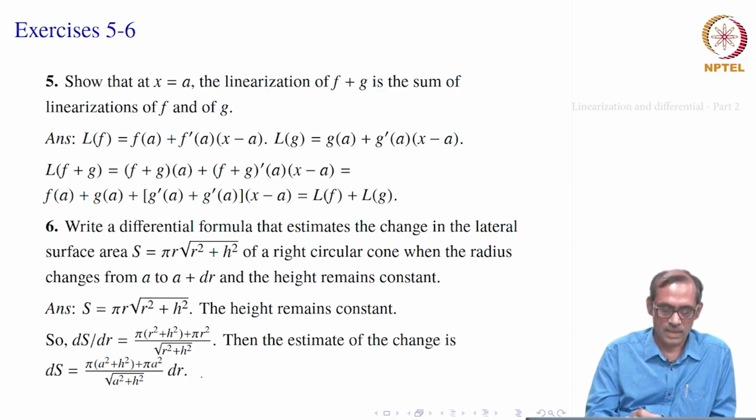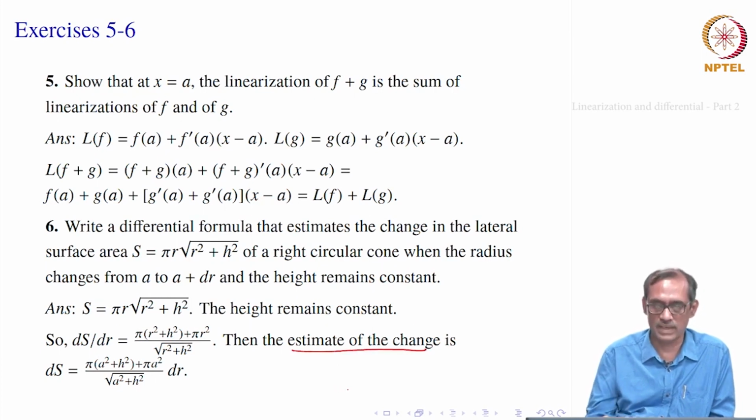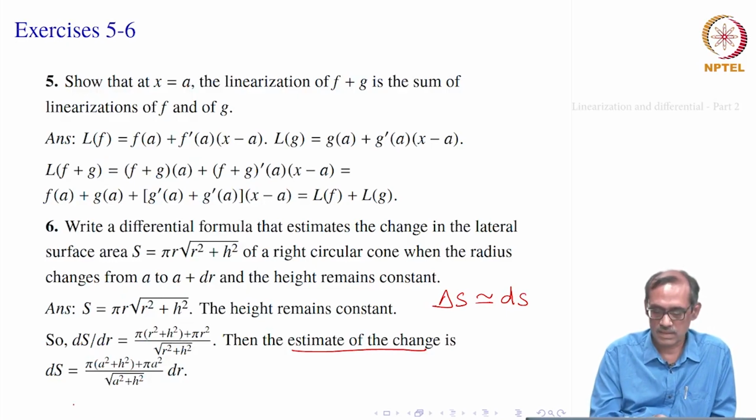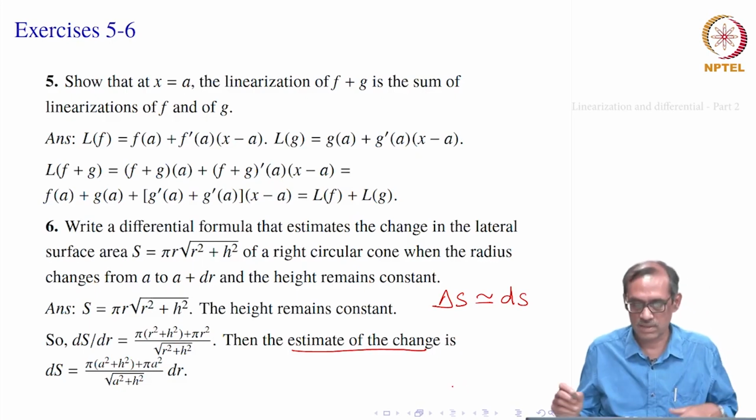Okay. Then we want to estimate the change, not find the exact change, right. Of course, you can find the exact change. So, our estimation is through the differential, that delta s is approximately equal to ds. So, we find ds, ds equals s prime times dr, and that is really the change. Okay. Is that fine? So, let us stop here.